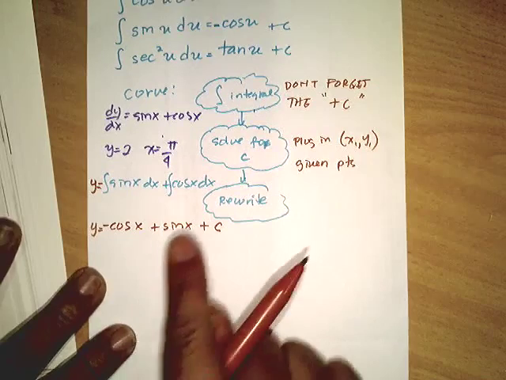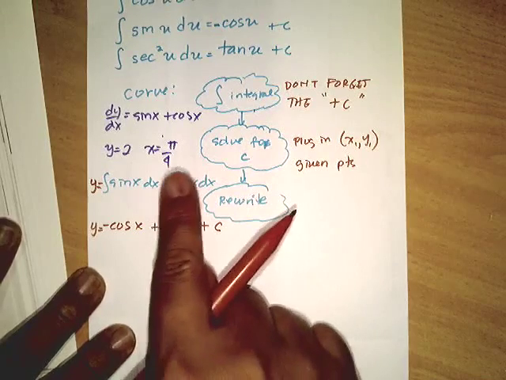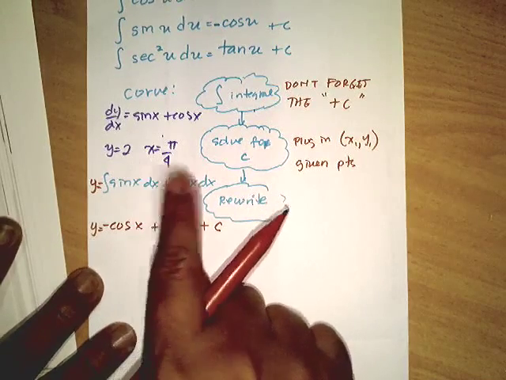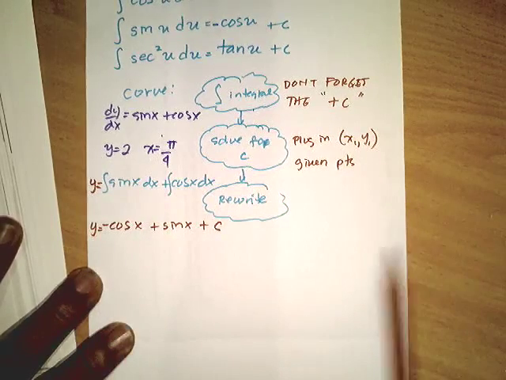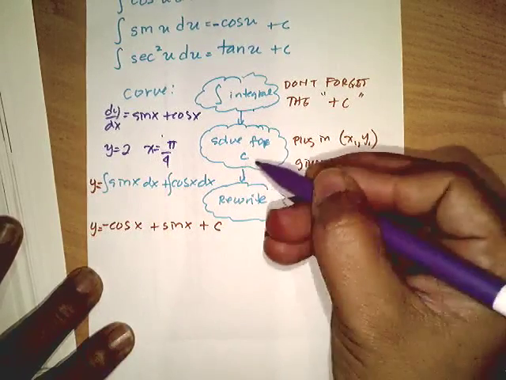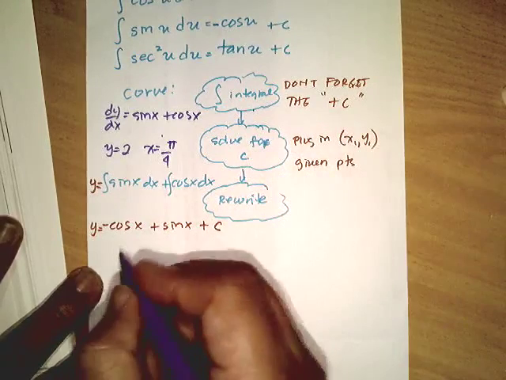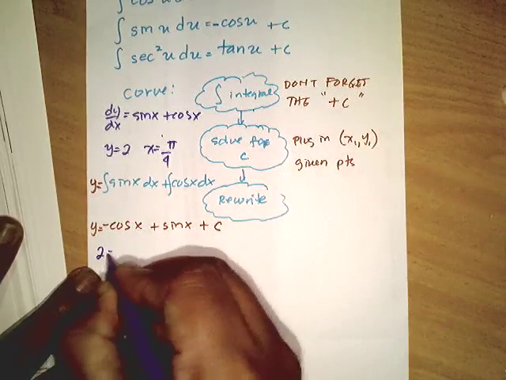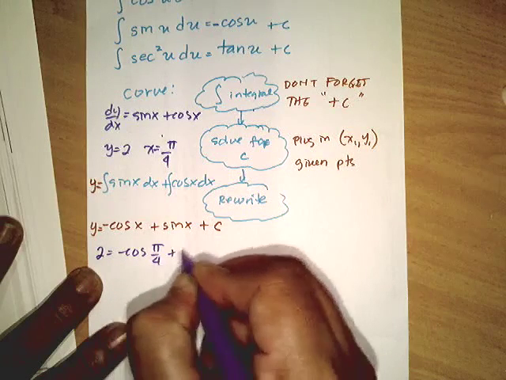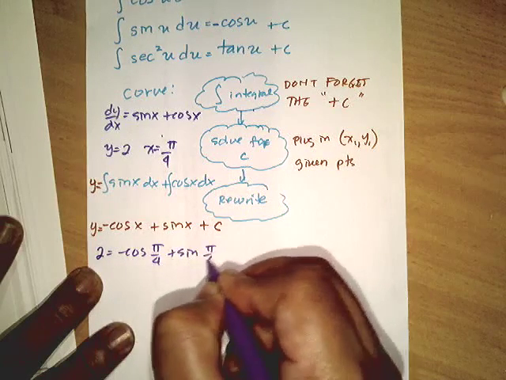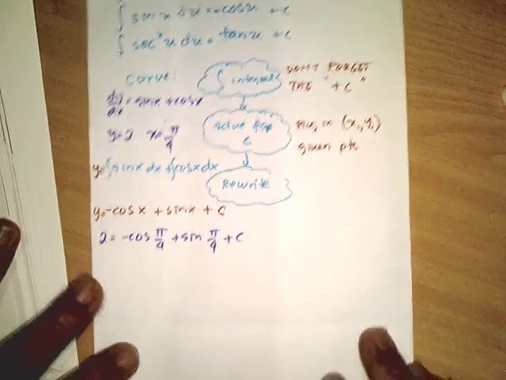Then we're looking for that c, because given that x is equal to pi over 4 and y is equal to 2, we can now solve for c. We are now on the second step, solve for c. So 2 equals negative cosine of pi over 4 plus sine pi over 4 plus c.